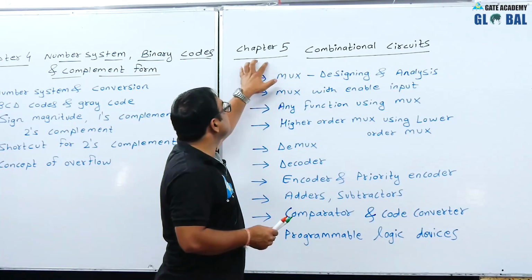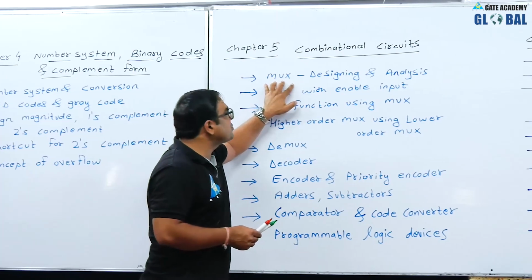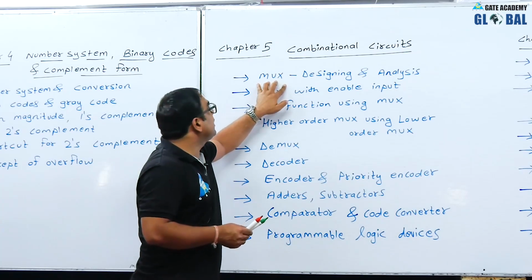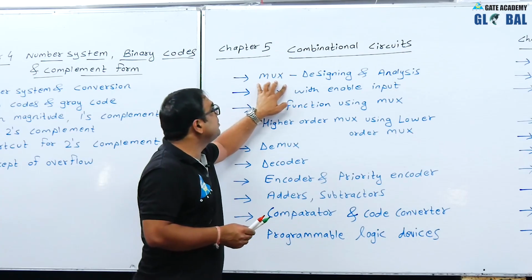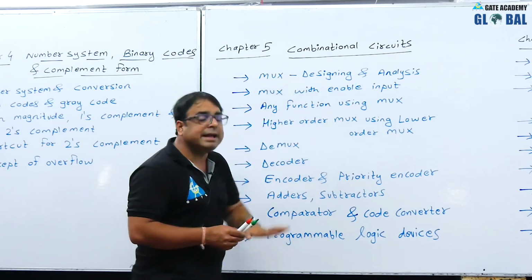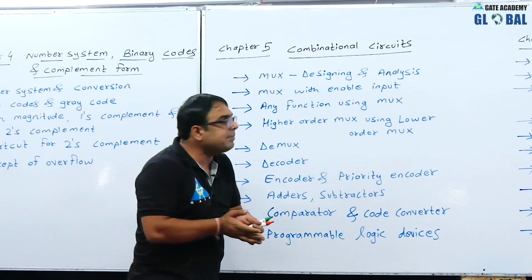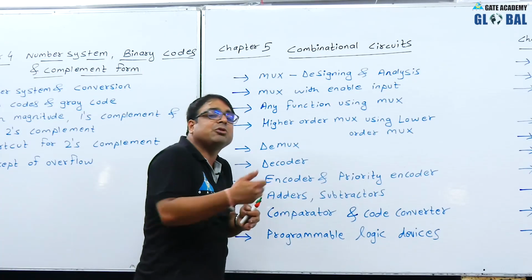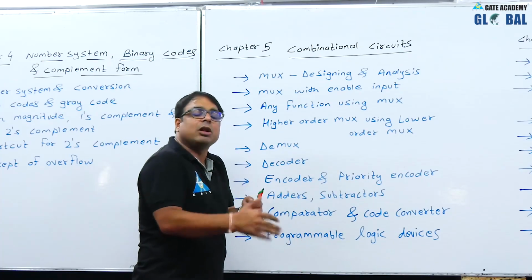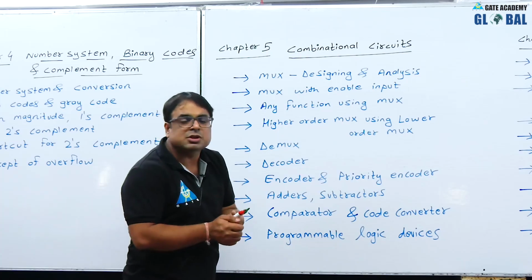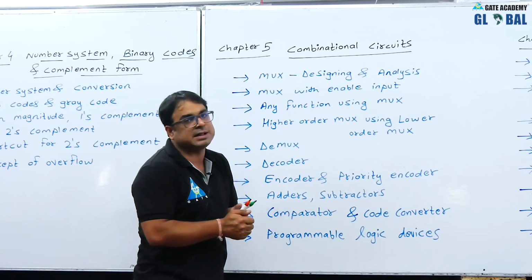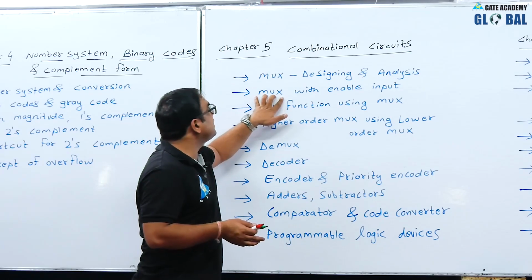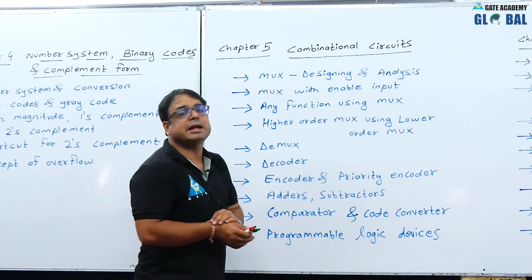So in combinational circuit, we will be starting with the most important combinational circuit with respect to GATE exam, which is multiplexer. In multiplexer, we will be discussing in detail how to design a multiplexer, how to design a function using multiplexer, how to find out the output of a multiplexer, all the possible sizes of multiplexer, 2x1, 4x1, 8x1, etc. Then next we will be discussing multiplexer with enable inputs.